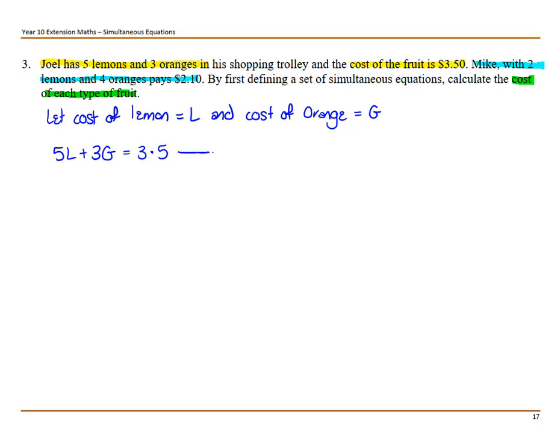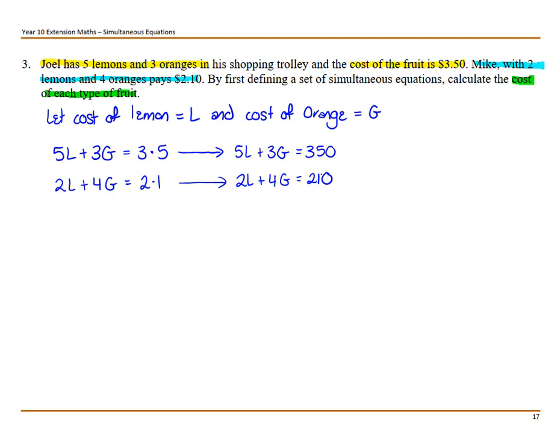To make it easier, let's go 5L plus 3G equals 350. Now Mike has 2 lemons plus 4 oranges and he paid $2.10. So that's going to be 2L plus 4G equals 210.